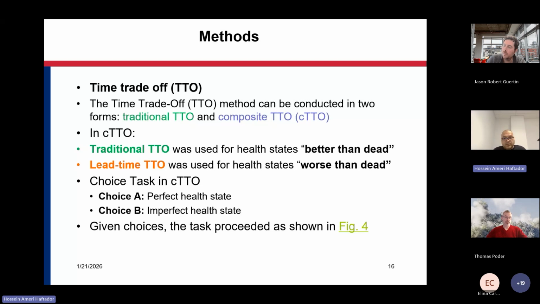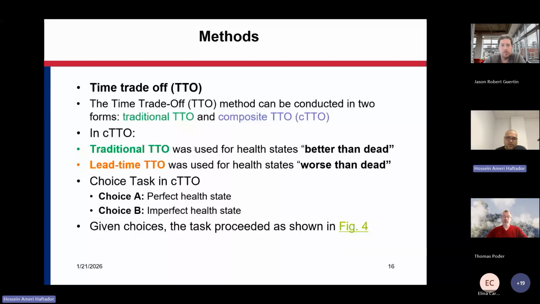In composite time trade-off, a person was presented with two choices, choice A and choice B, living in a perfect health state for an amount of time, and living in a perfect health state for another amount of time. Here is an example of composite time trade-off that is used in this survey. A person will be presented with two choices, A and B, living in perfect health for 10 years, and living in perfect health for 10 years.